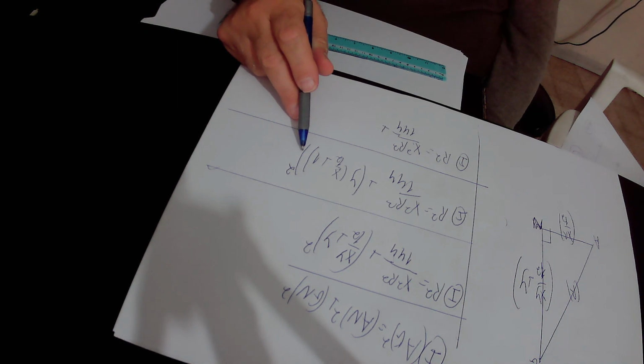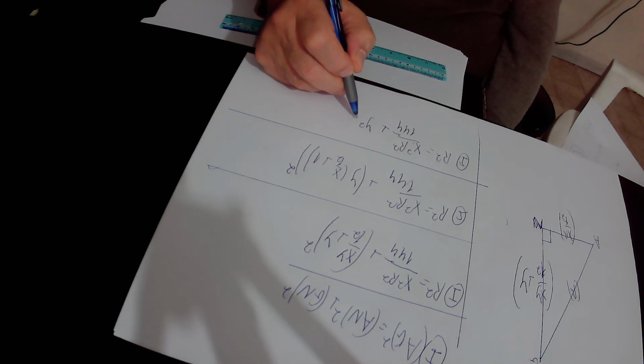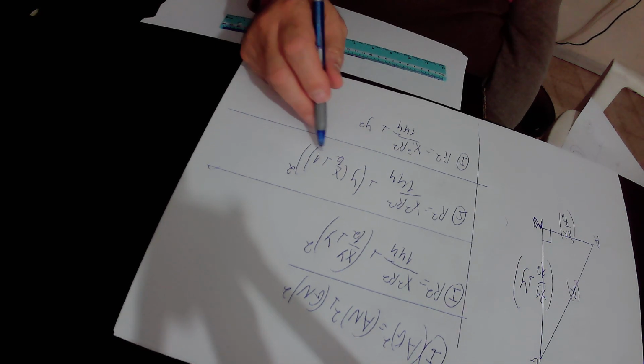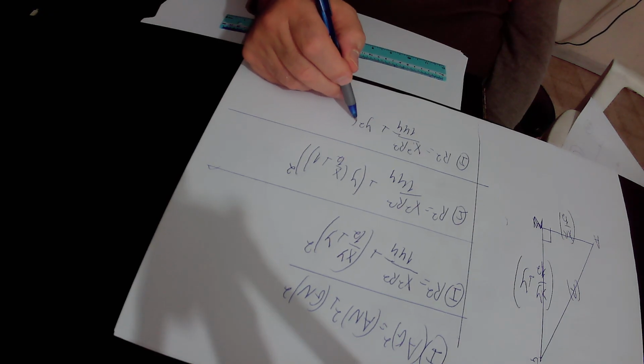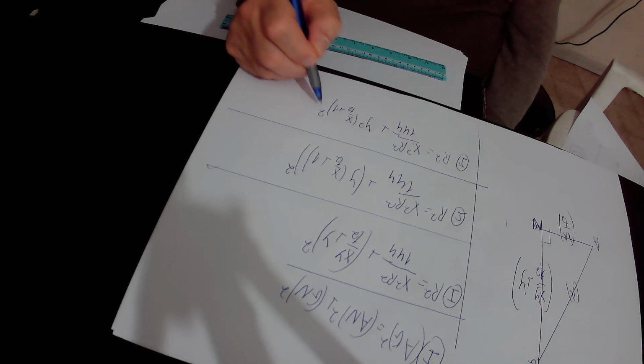After we open the brackets, we'll have here y square, and this expression will be also to the power of 2 square.